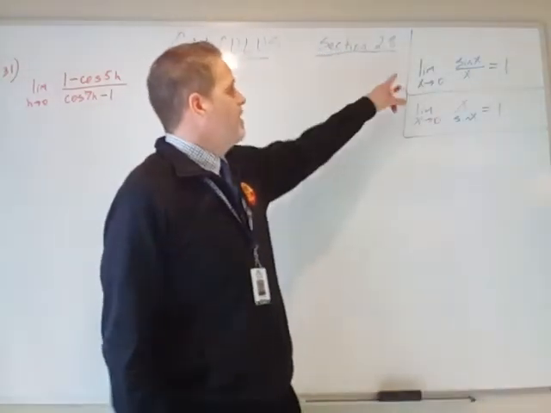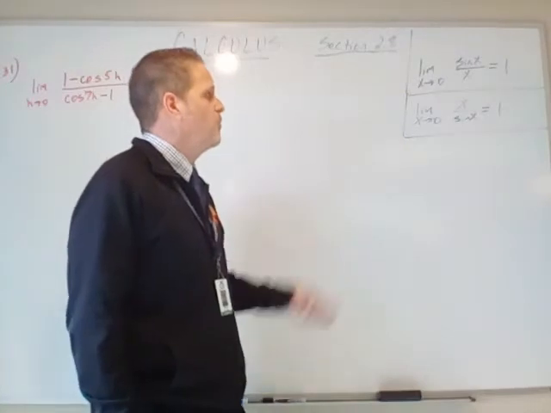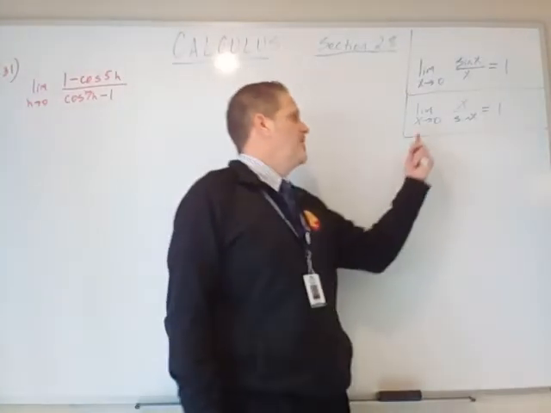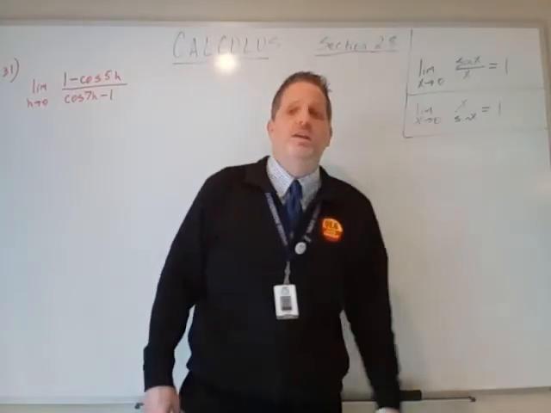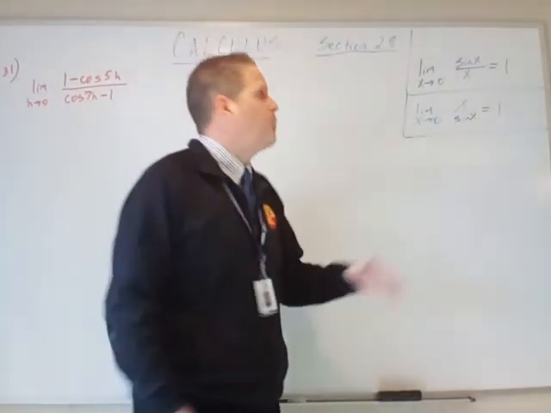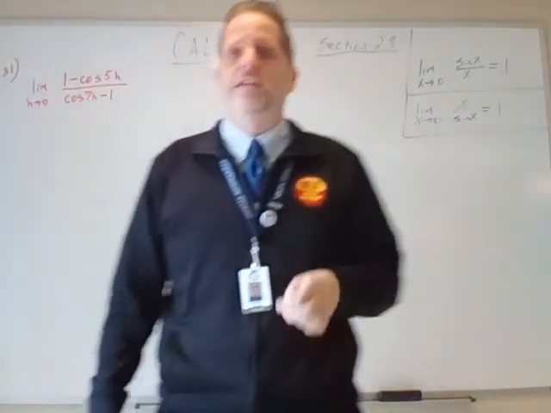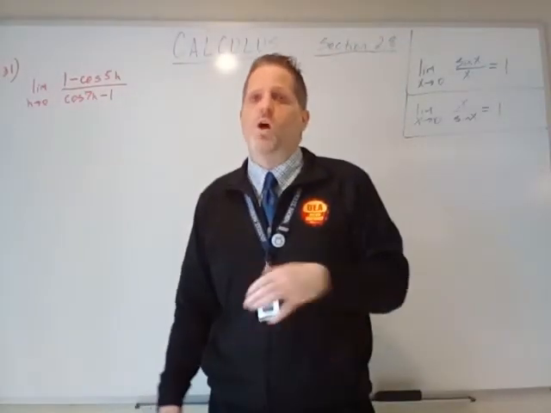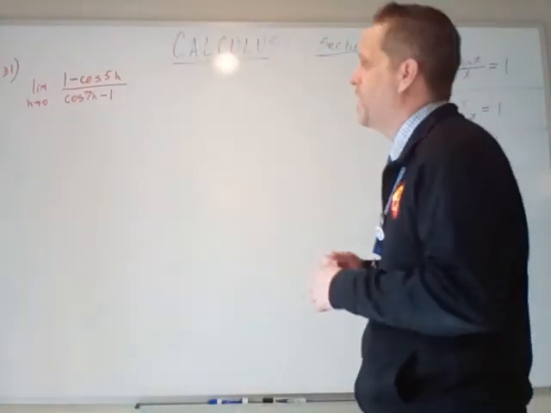We've got the limit as x approaches 0 of the sine of x over x equals 1. We also have the limit as x approaches 0 of x over the sine of x equals 1.